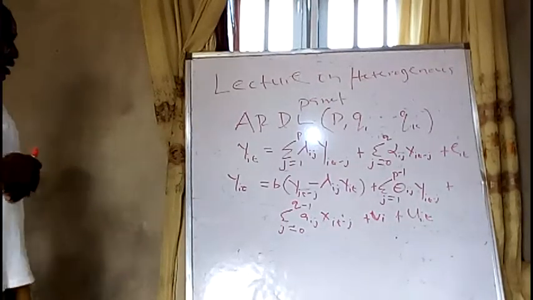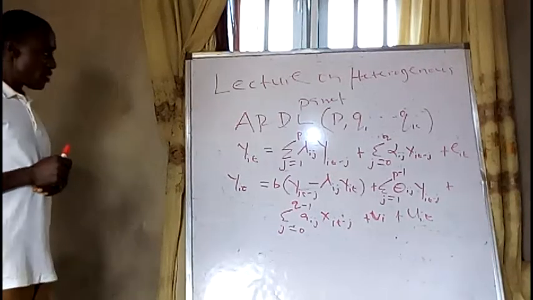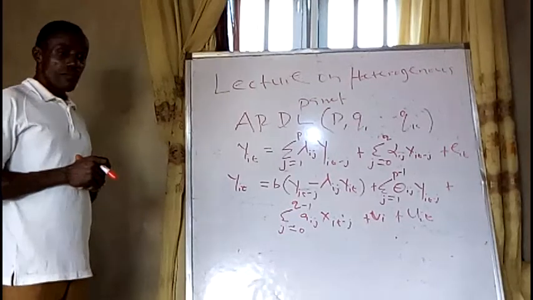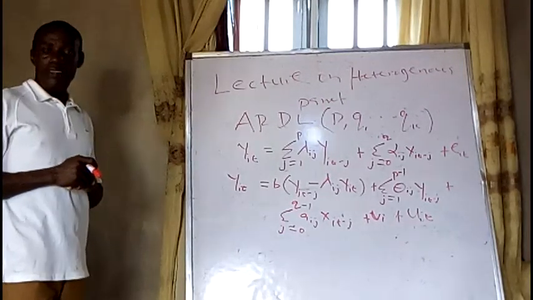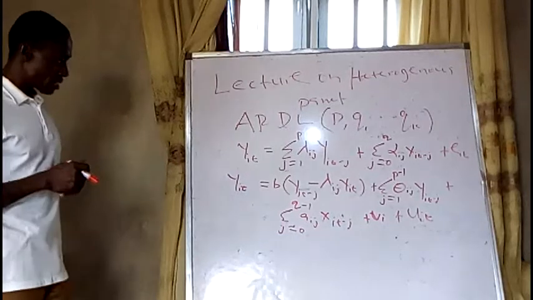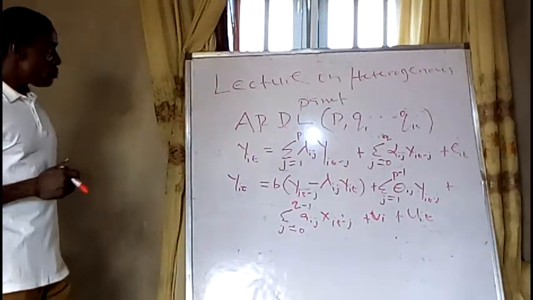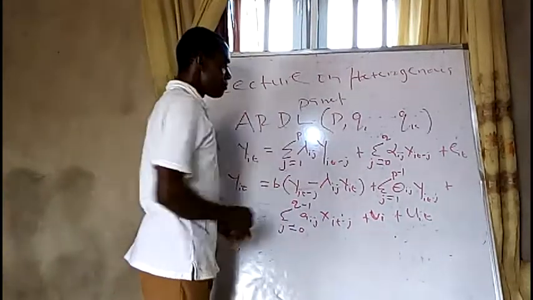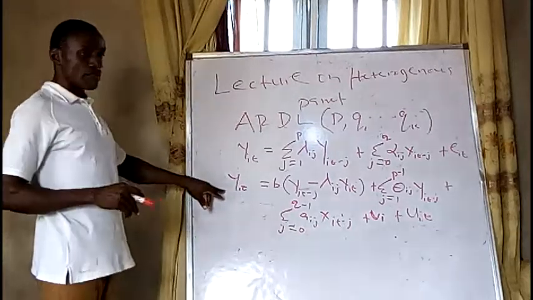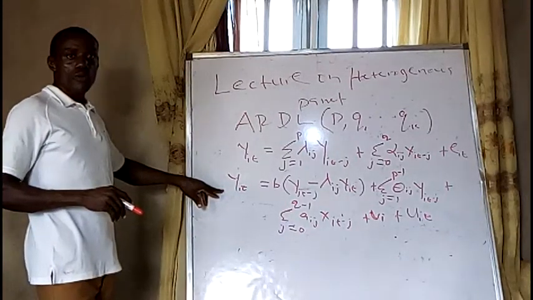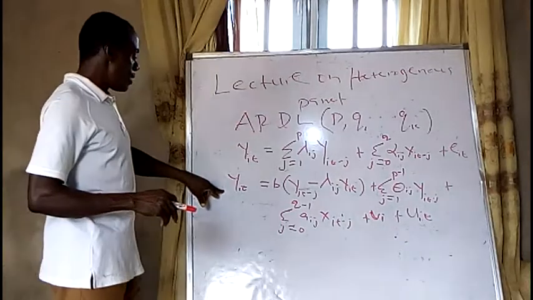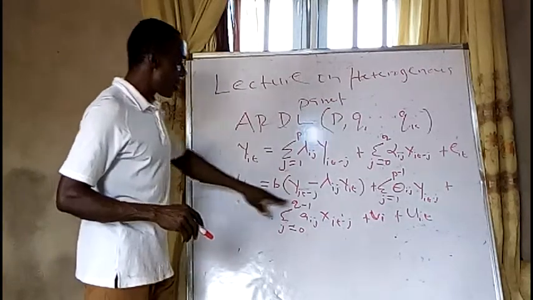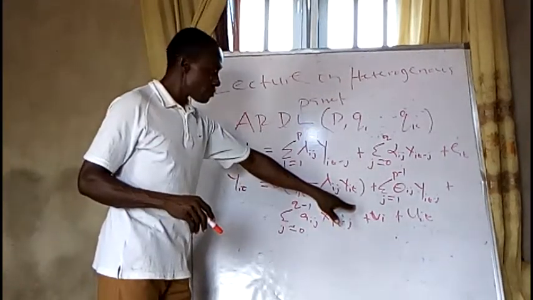Now, here we have incorporated the long run parameter and also the ECM parameter. Meaning that the typical ARDL equation has been scaled down to a typical error correction mechanism under ARDL as we have here.